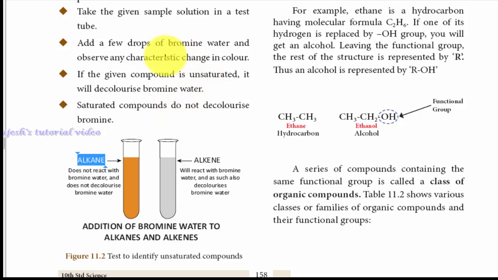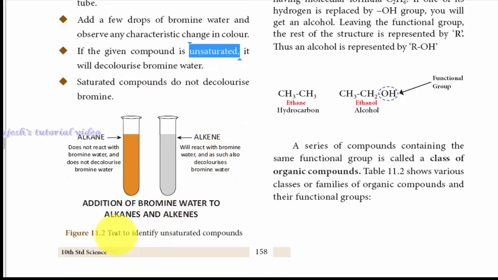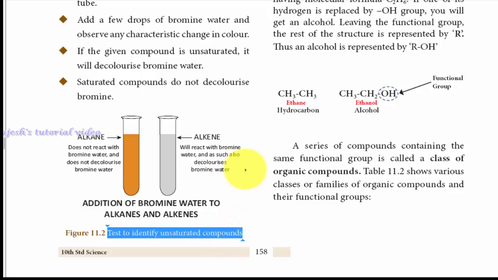Saturated compounds do not react with bromine, so they do not decolorize it. But if the bromine water is decolorized, becoming colorless, then the compound is unsaturated. So this is a test to find out whether the given solution is saturated or unsaturated.